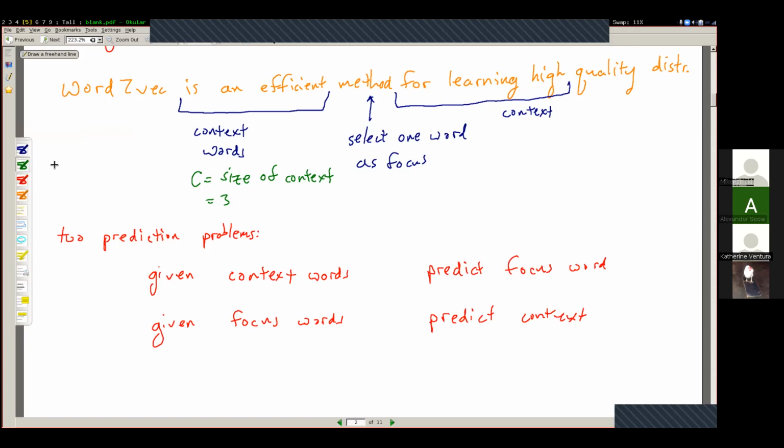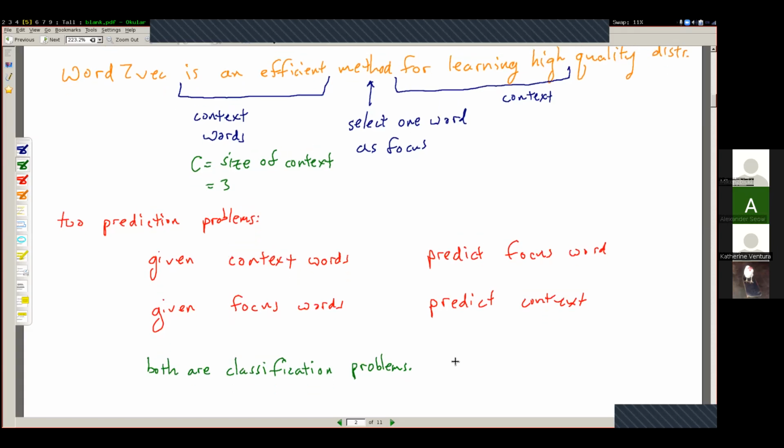Both of these are classification problems, where the number of classes that we have is equal to the size of our vocabulary.